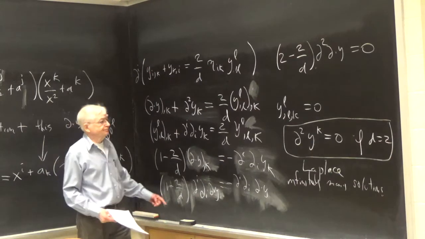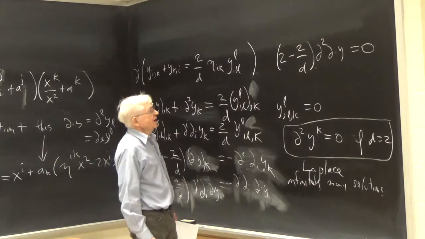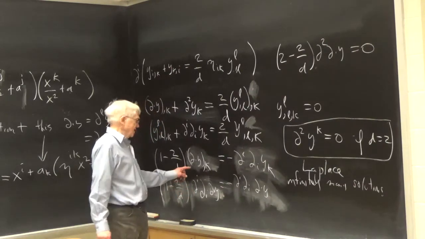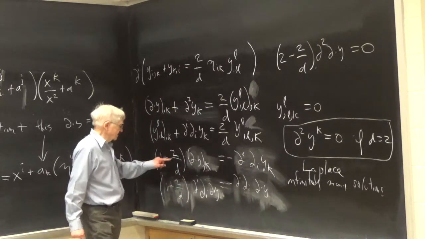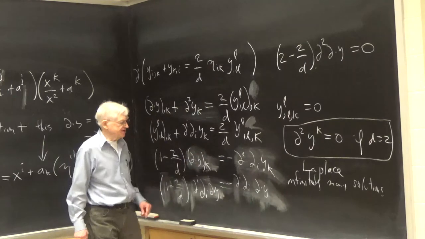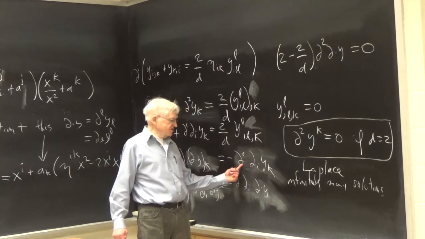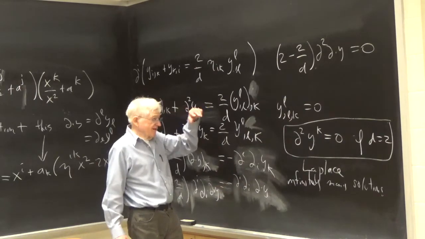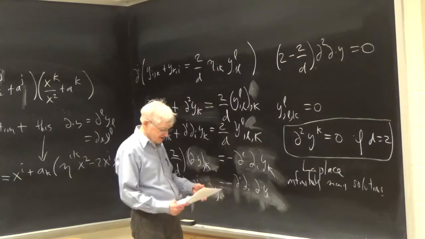And so in any case, if we go back to this equation, and we say we're in 2 dimensions, this term cancels, and we just have box y equals 0 in 2 dimensions. That's Laplace's equation, infinitely many solutions.